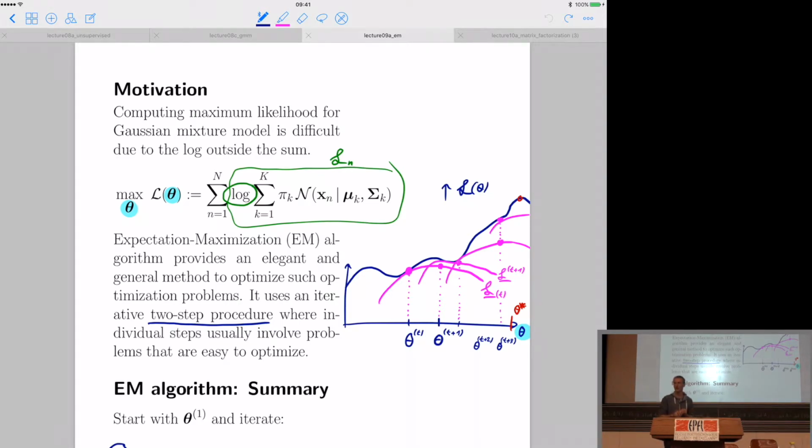The only thing we can prove about EM, to the best of my knowledge, is that in every step you improve a very little amount. You never get worse. That's the only thing we prove, that the likelihood will never decrease. I'm not giving a guarantee that we go up there.